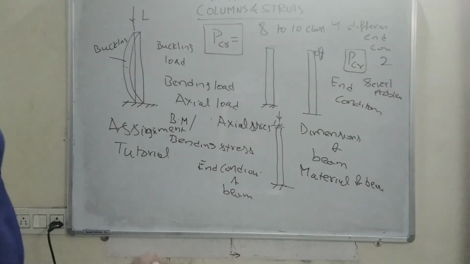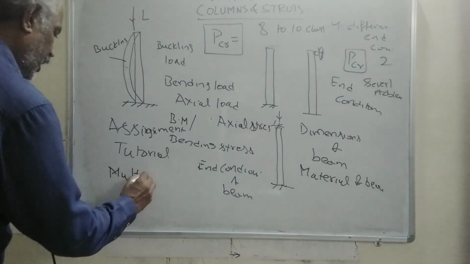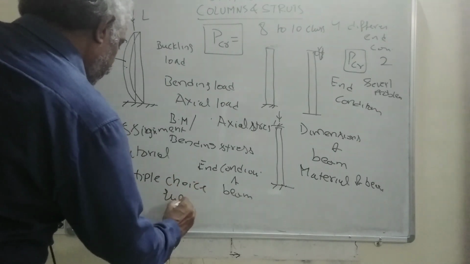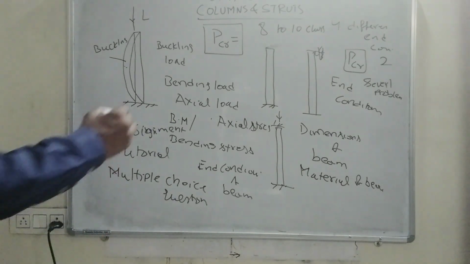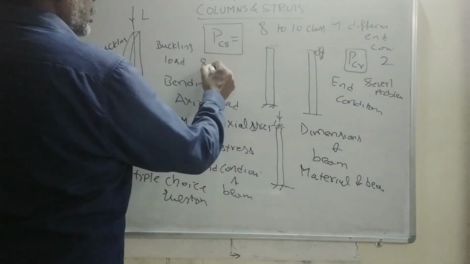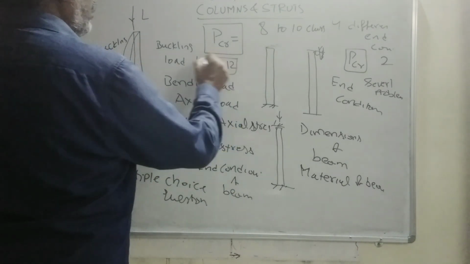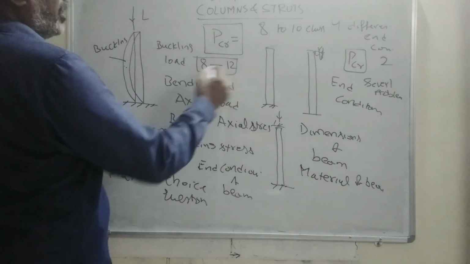And then 1 class for multiple choice questions. So roughly the unit can be completed within 8 to 12 classes, depending upon the availability of lecture hours; you can complete this unit within 8 to 10 plus classes.